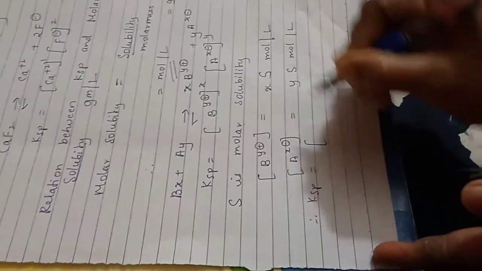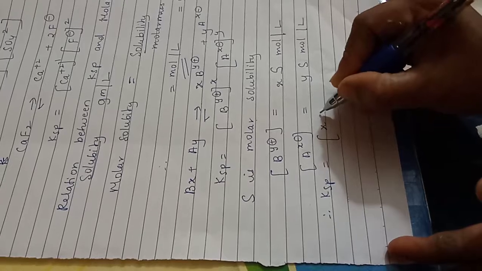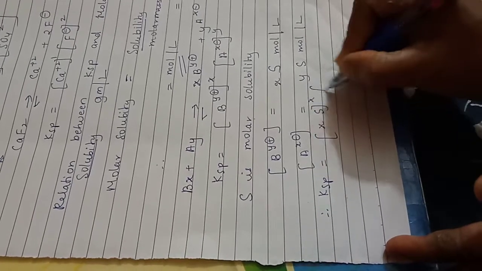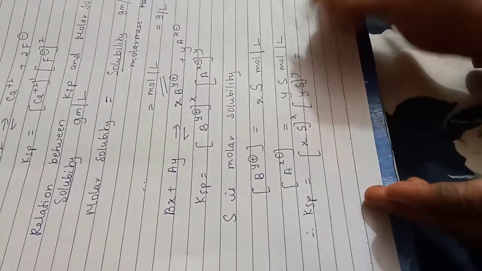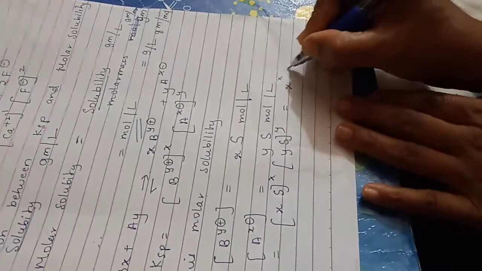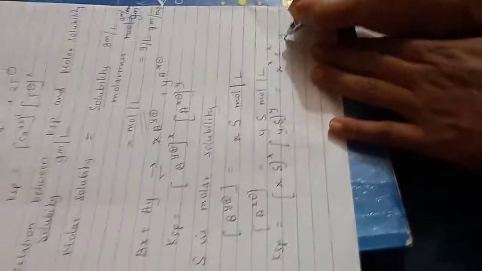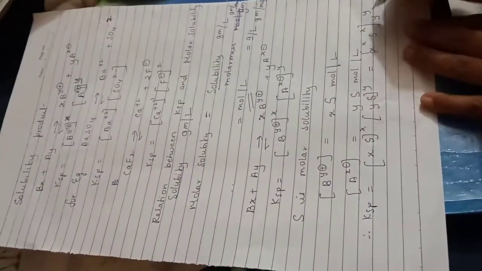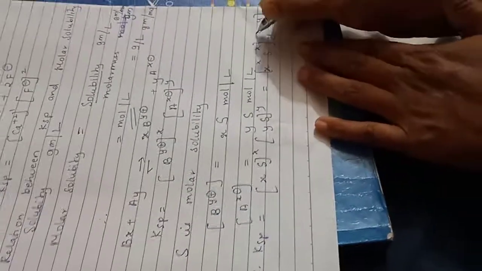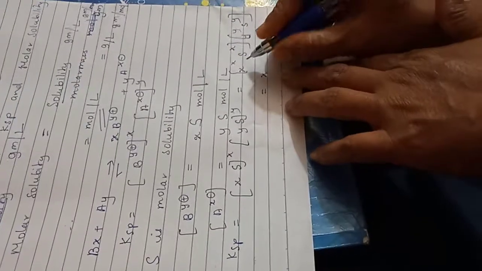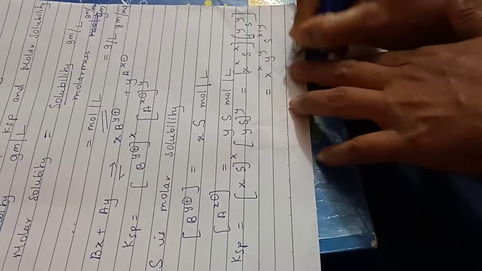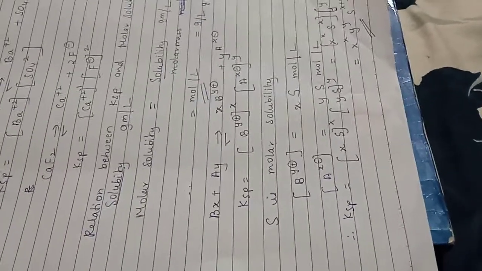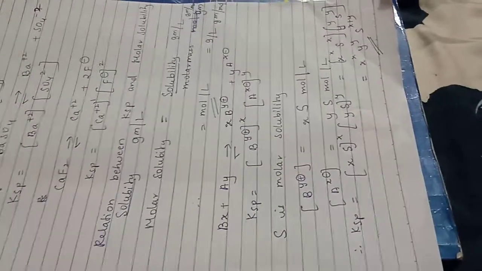Therefore Ksp is equal to (xS) raised to x times (yS) raised to y. So it will be x raised to x, y raised to y, S raised to x plus y. This is the form here.